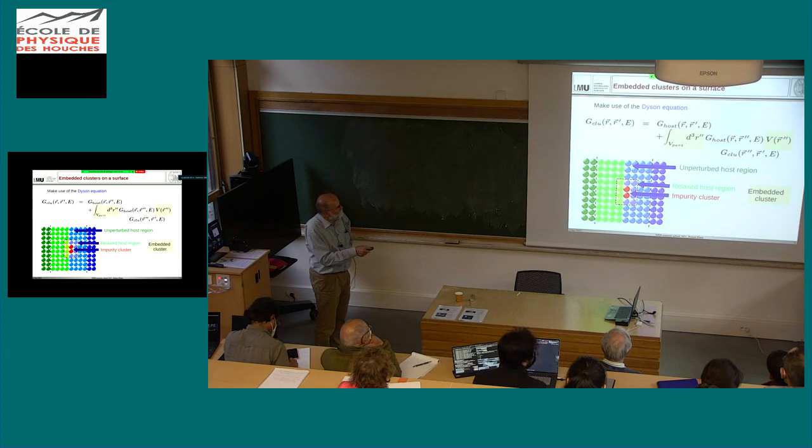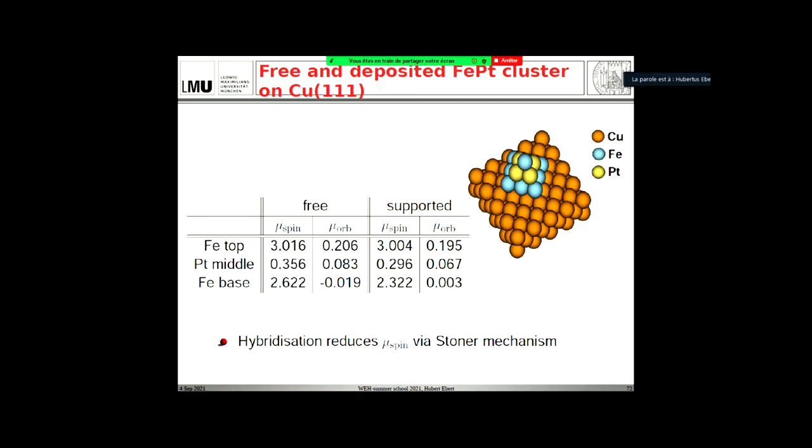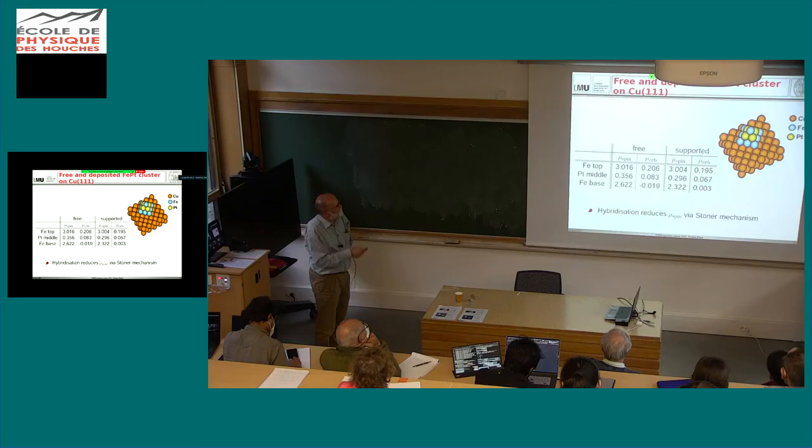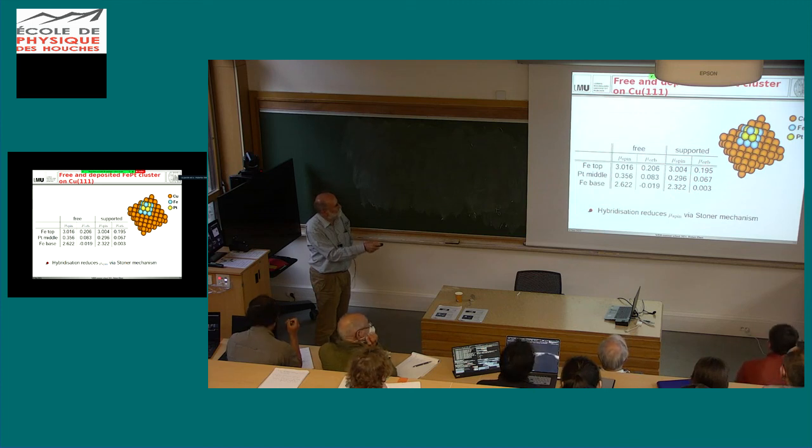And so we have an embedded cluster on top of a surface, the situation is depicted here, and this gave for the iron and platinum moment in such a cluster the corresponding moments you see here for the spin and the orbital contribution. So this is a relativistic calculation.